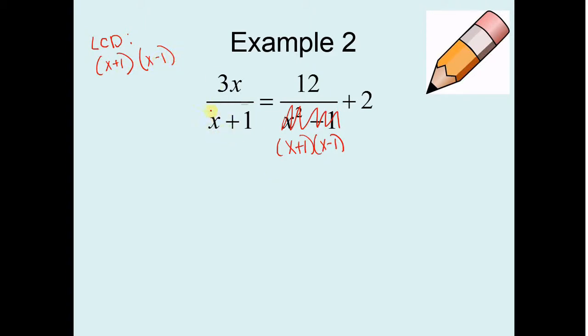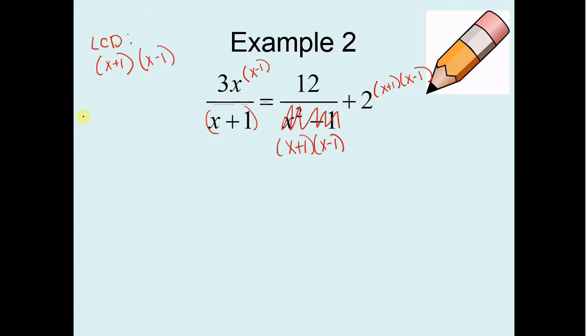So, it looks like I am missing an x minus 1 here, so I need to multiply this top by x minus 1. I have them both here. Don't need to multiply by anybody. This guy, though, he gets the royal treatment. He needs to be multiplied by everything. So, let's multiply this in.